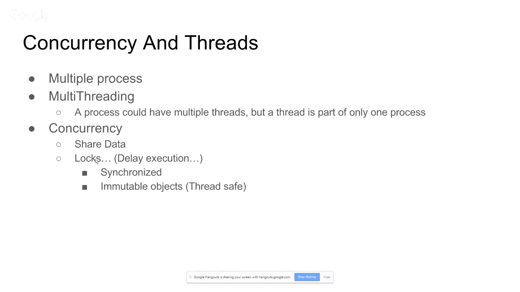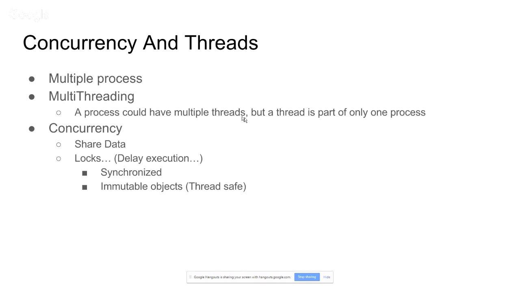A lock means one process gets one resource, and it locks the other process out. The other process cannot access that resource until the last process, or the last thread, finishes using that resource.